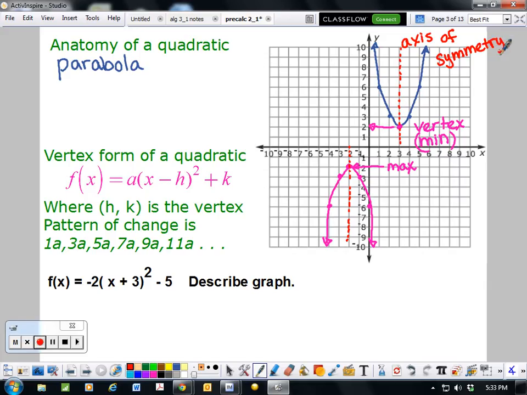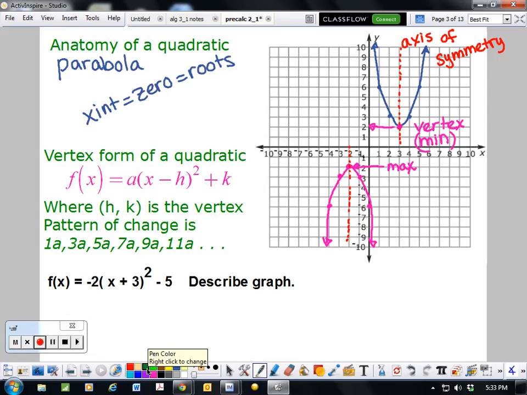We also have what we call zeros, roots, or x-intercepts. And that's just where it crosses the x-axis. Conveniently, neither one of mine crossed the x-axis, so neither one of them has a zero or a root or an x-intercept.